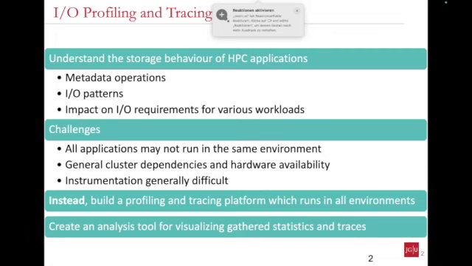What kind of impact they might have when we are using faster storages or slower storage systems.